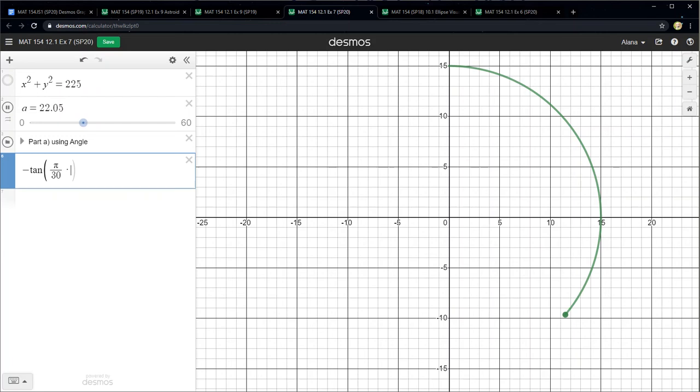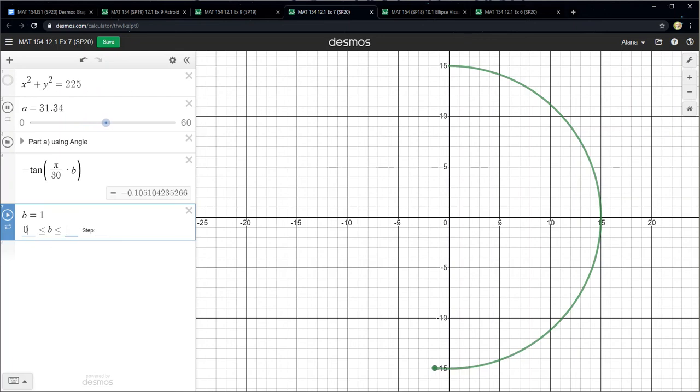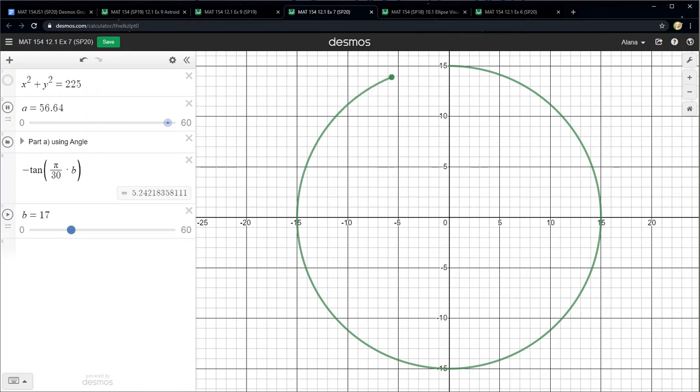Let me add a slider for b, and b can go anywhere from 0 to 60. Okay, so let's see what happens. For the first 15 seconds, negative values. But when I slip past 15, there it is, it's positive. See right there?